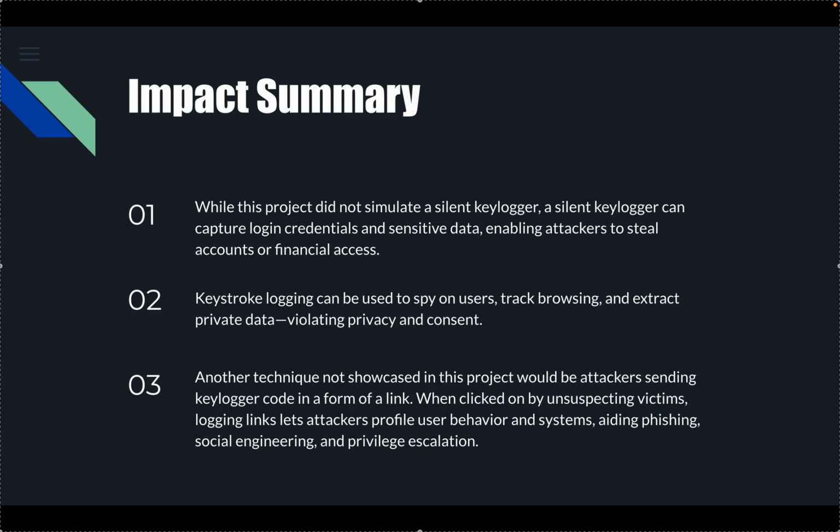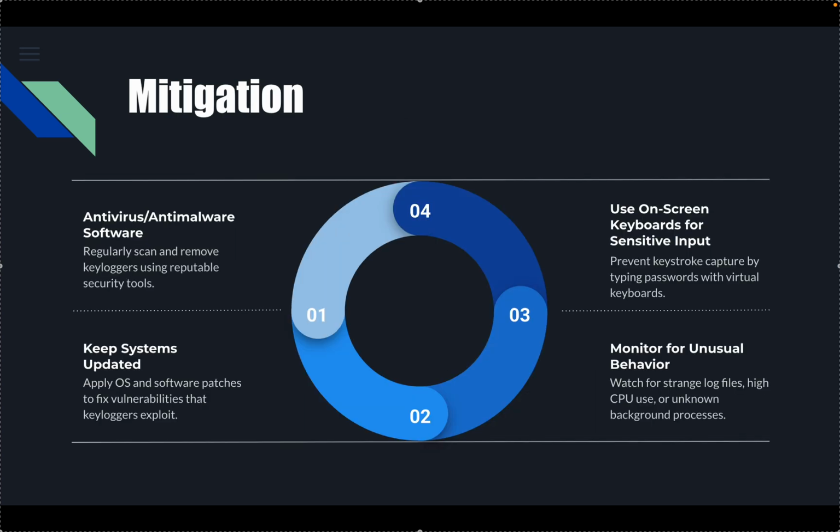For mitigation, we have using antivirus and anti-malware software, regularly scanning and removing keyloggers using reputable security tools. Keep systems updated, applying OS and software patches to fix vulnerabilities that keyloggers exploit.